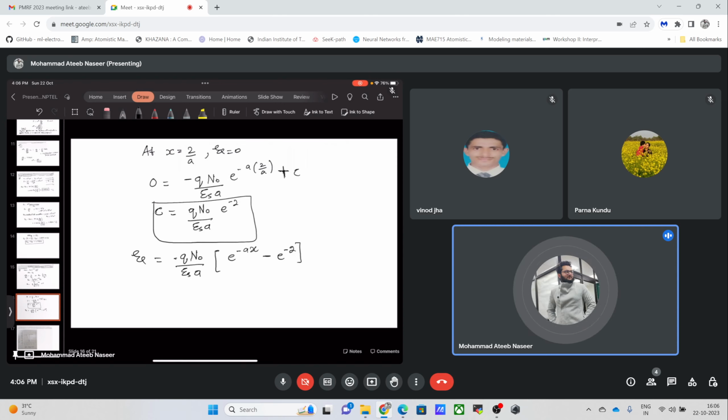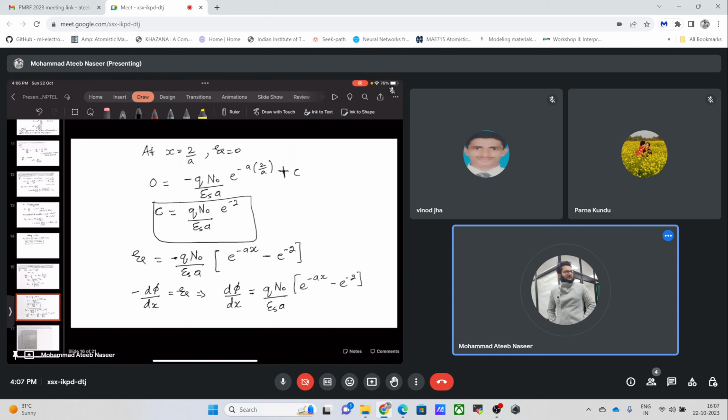Now we have to go to Poisson's equation. We know that the derivative of the potential is simply the electric field, and the electric field is given to us. So we can say d phi by dx is simply, this minus and this minus will go, so d phi by dx will simply be q times n naught by epsilon s a times e to the power of minus ax minus e to the power of minus 2.